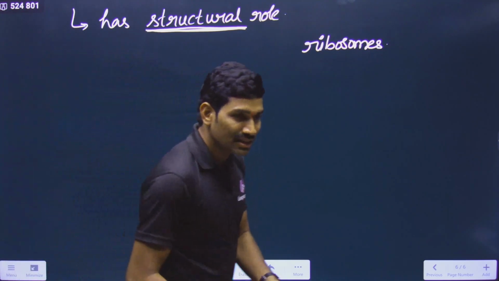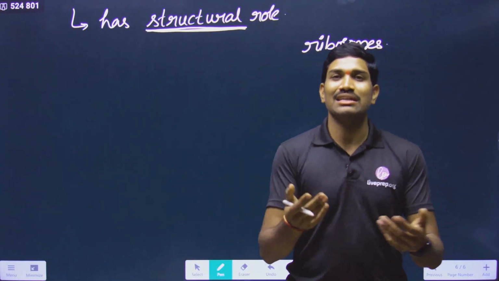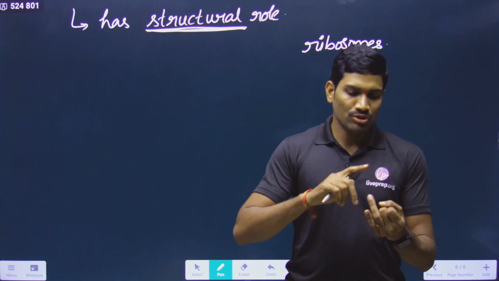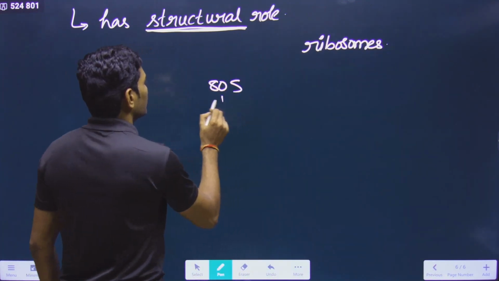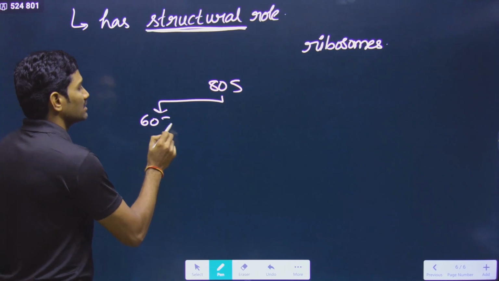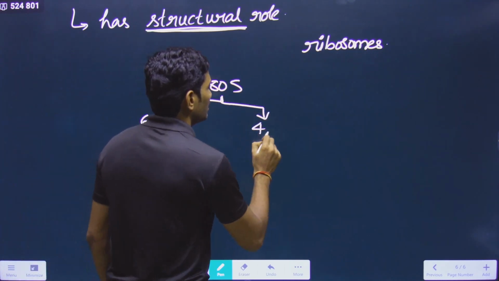Already in class 11th, in the eukaryotic cell, we studied ribosomes: 70S ribosomes, 80S ribosomes. So in the 80S ribosome, the larger subunit is 60S and the smaller subunit is 40S.